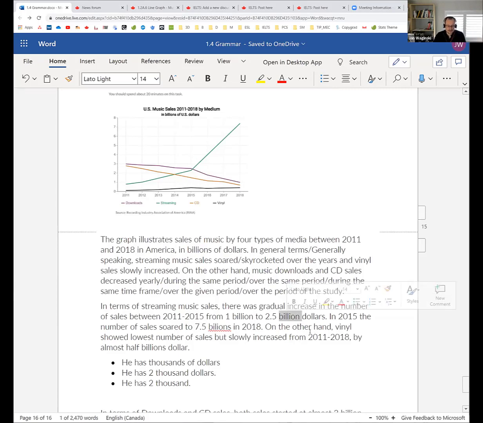Billion is like a modifier, so we don't pluralize modifiers. Right?